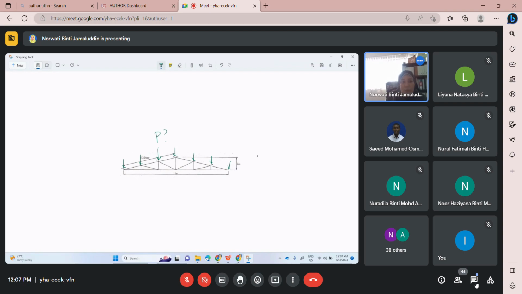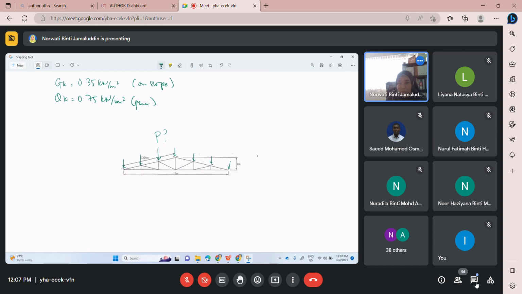Now, GK, we have two types of GK. We have 0.35 kilonewton per meter squared, and we have QK 0.75 kilonewton per meter squared. This one on plan, this one on slope.